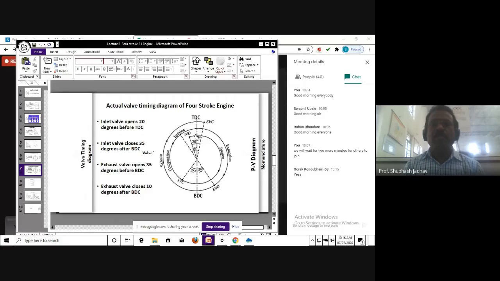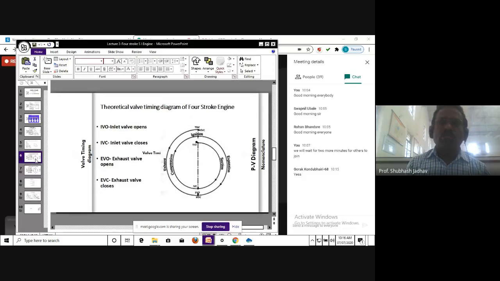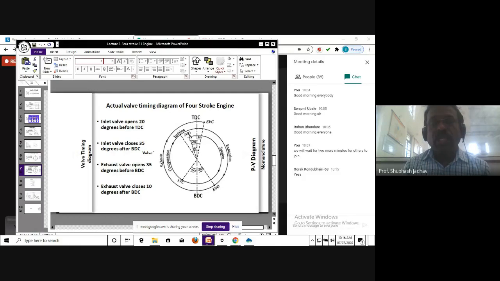What does it mean? It means that both the valves are remaining open simultaneously. Remember, theoretically it was not like that. Theoretically, when we discussed, we said here it is opening and here it is closing. Once it is closed over here, the other will open, and then the next cycle starts. This is theoretical, but actually how is it happening? Actually, the inlet valve is opening here and the exhaust valve is closing here.